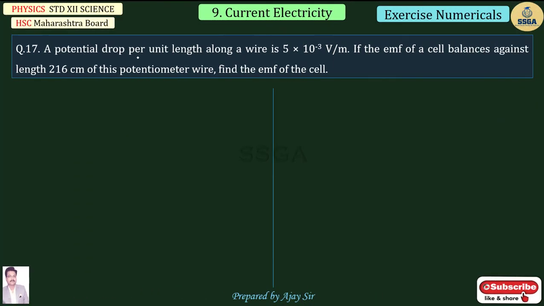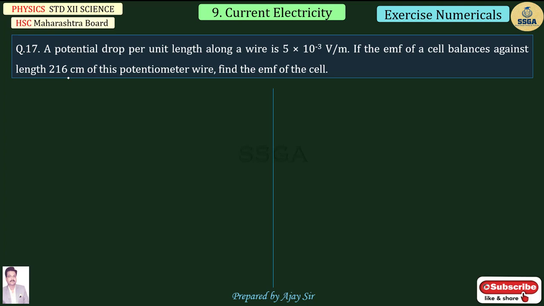So a potential drop per unit length along a wire is 5 into 10 raised to minus 3 volt per meter. Potential drop is given, and the EMF of cell balances against the length, that is 216 centimeter of this potentiometer wire. Find the EMF of cell. So here the balancing length is given, that is 216.